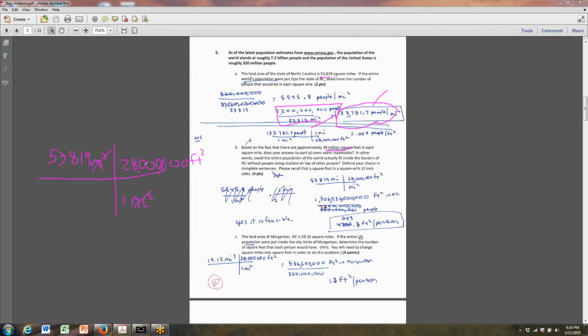And if you multiply the 53,819 square miles by the 28 million square feet, some of you did 5,280 times 5,280, that's fine. This is actually how many square feet you got. A lot. This number right here, which I just totally typed over.